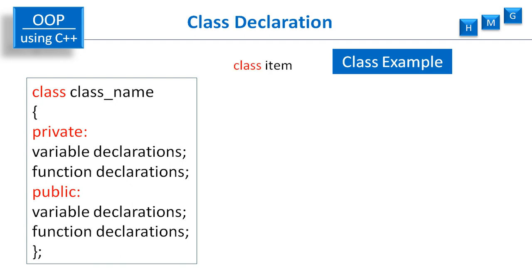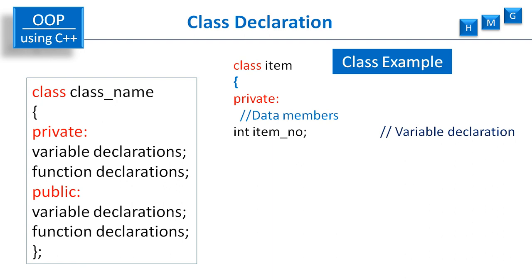So here I am going to define a class item. First of all I will write the class keyword followed by item. Item is the name of my class. Beginning of class with opening brace. Now I will start the private section with the private keyword followed by a colon. In this I will declare data members, that is the variables.